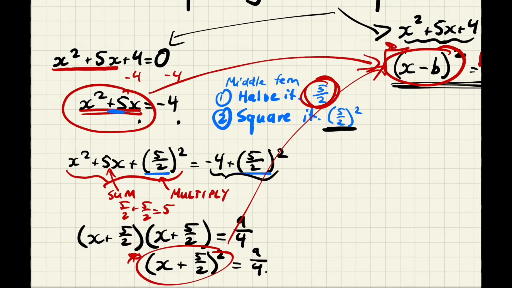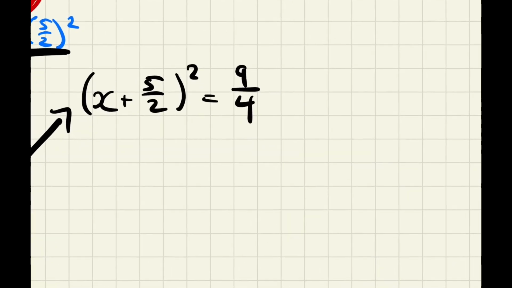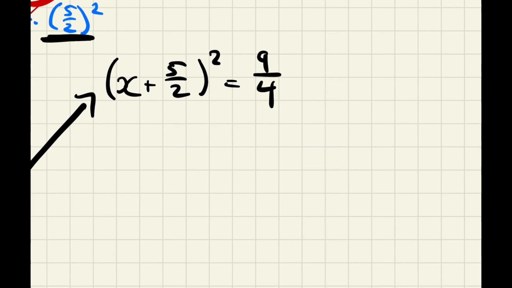Now let's continue. Let's finish this question off. First of all, let's just write it in here again. So we have x plus 5 on 2 all squared is equal to 9 on 4. In terms of where we go from here, we need to get rid of this squared. And the way we do that is by square rooting both sides. So when we do that, the square root will cancel off the squared.